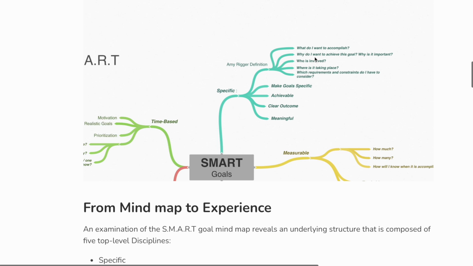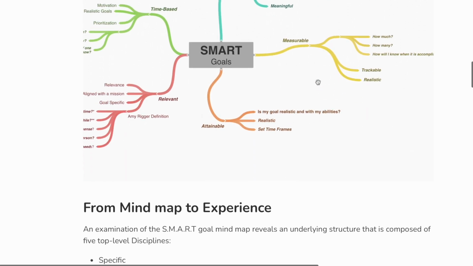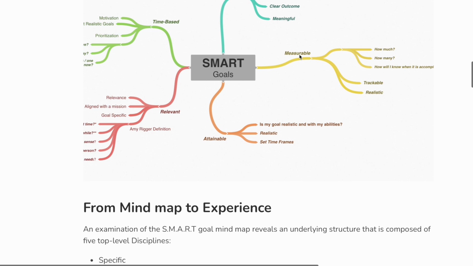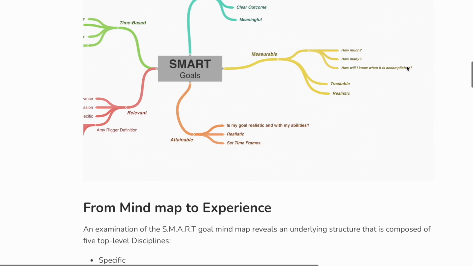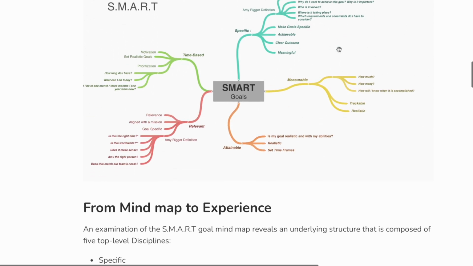Why do I want to accomplish this goal? Who's involved in this particular goal? Same applies to the measurable discipline. I have principles around the idea of how much, how many, and how will I know when this goal has been accomplished.